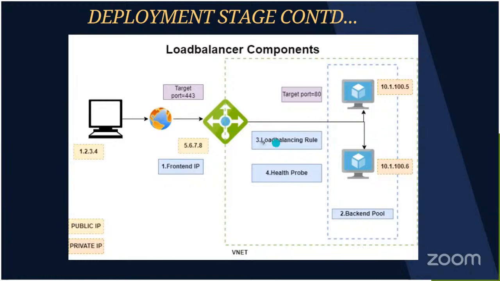Then we have what we call load balancer rules. That means the ports you've defined to go and pick resources and return them back. Like the target port 8080. The front end forwards a query to that port, then the back end forwards it back to the front end IP address.